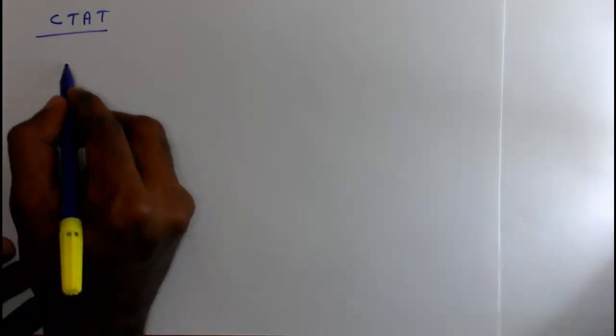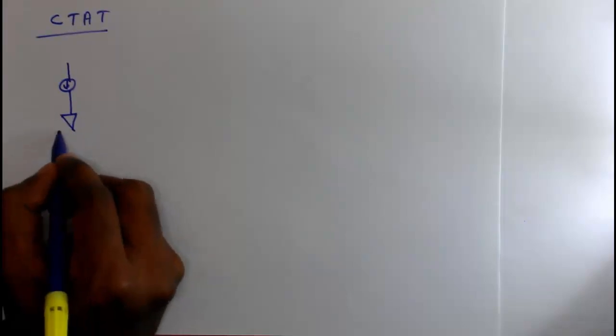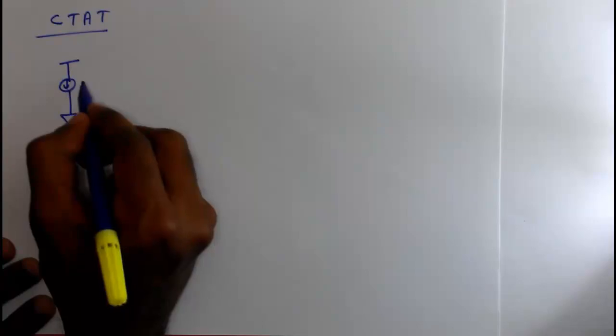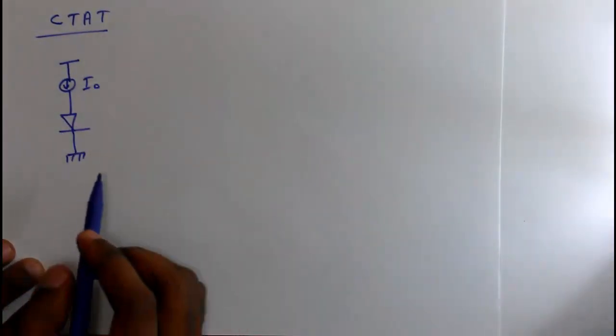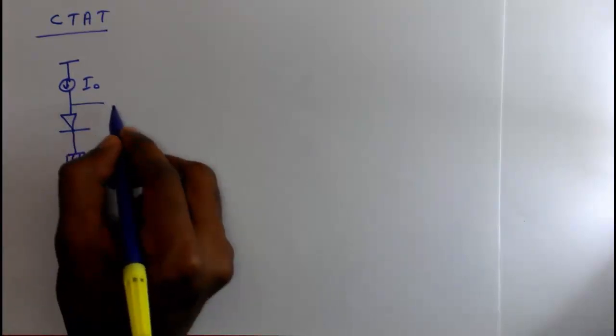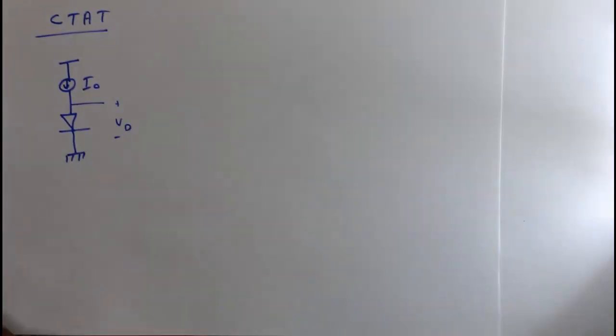So if we pass a current through a diode, calling its current I0, a fixed current, the voltage across the diode, which I am calling Vd, is found to be a CTAT.